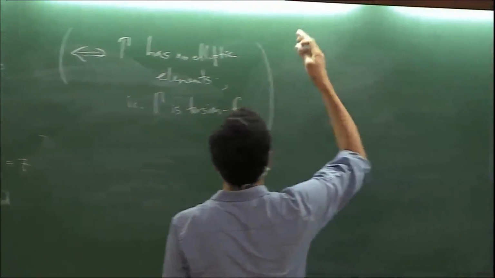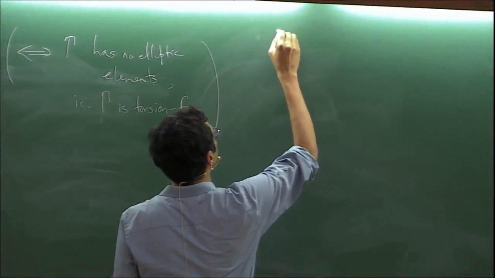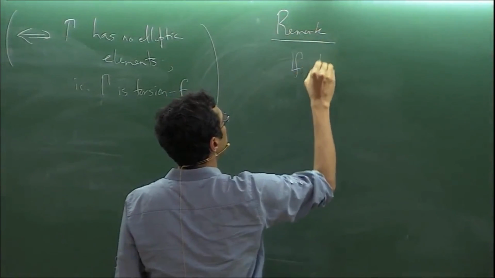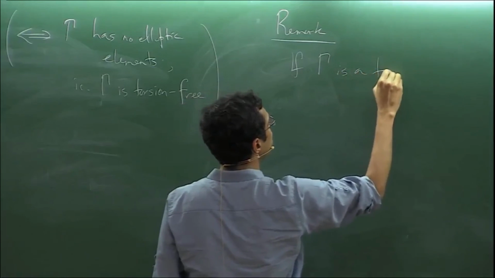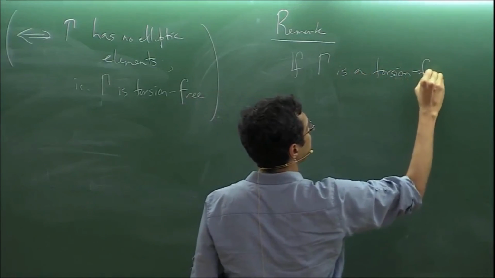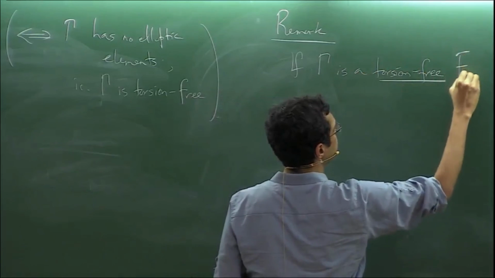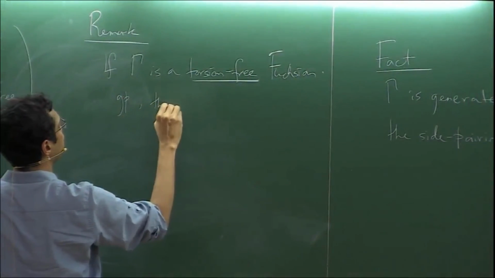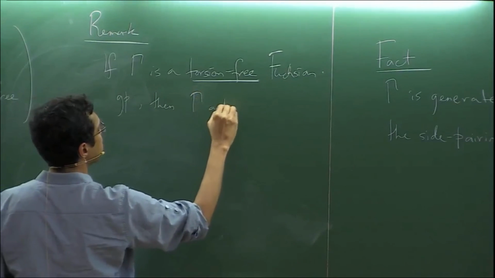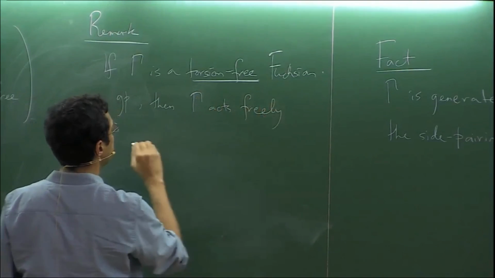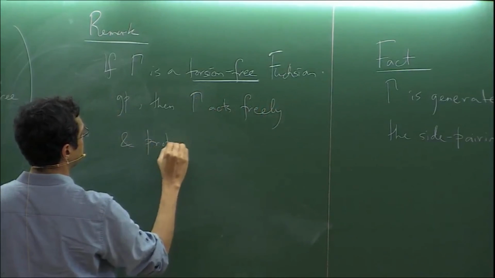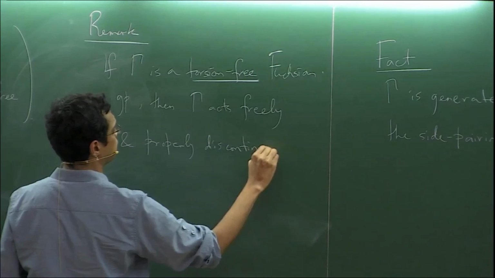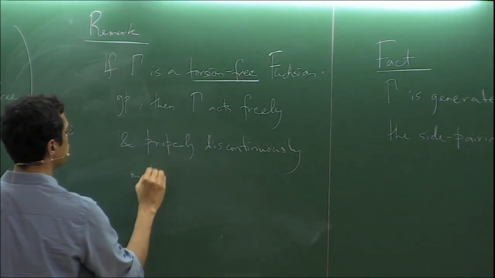The remark is that if gamma is a torsion-free Fuchsian group, then gamma acts freely and properly discontinuously on H2.